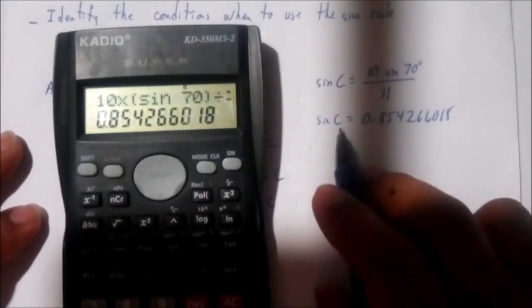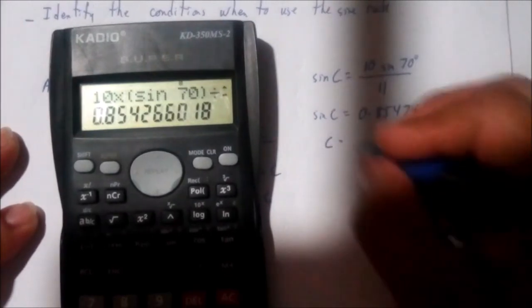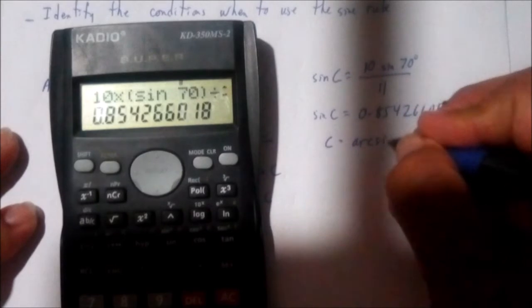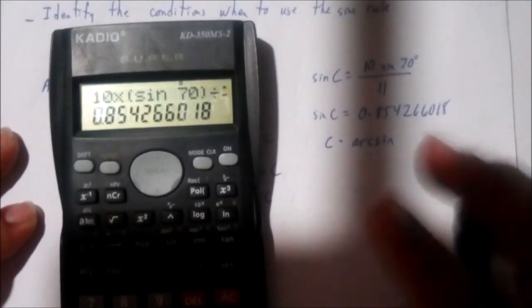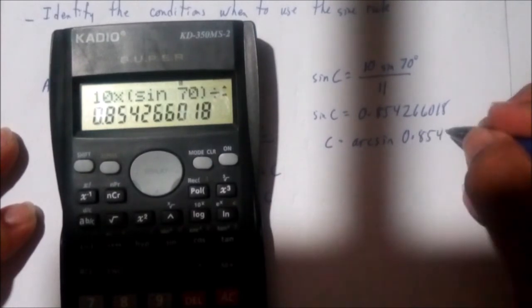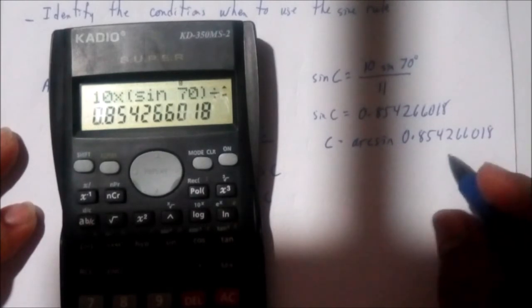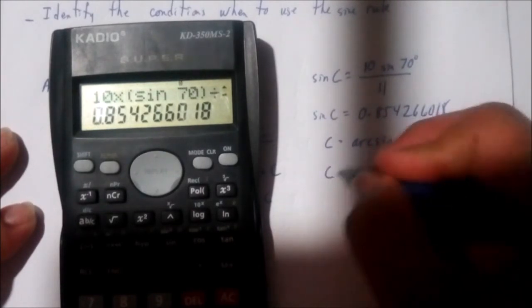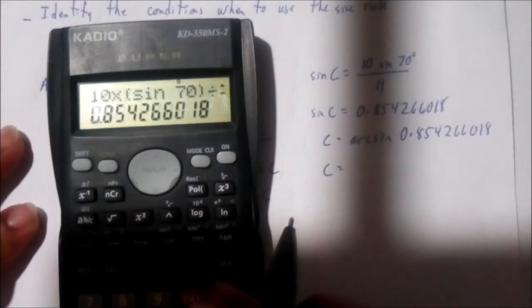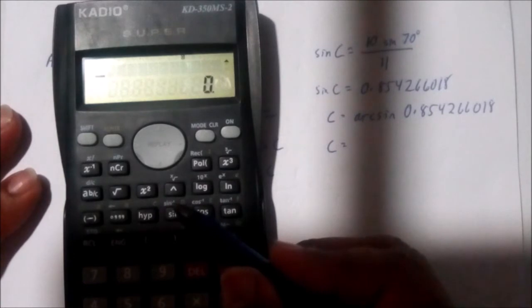We need the angle C. So you're going to say now that C equals arcsin 0.854266018. You may keep that number of decimal places. You want the inverse sin, so we need to activate the top sin here. Let me zoom in there so you can see that sin, this top sin here.